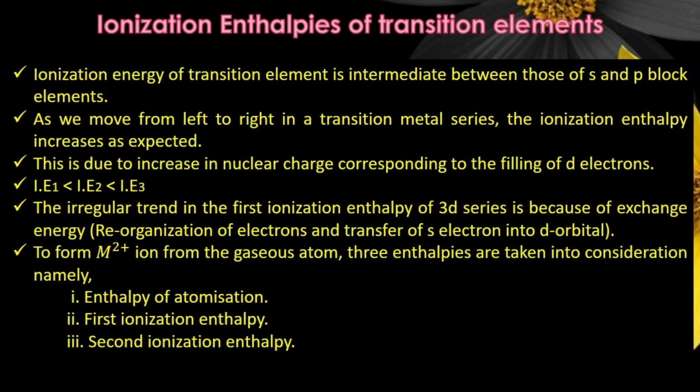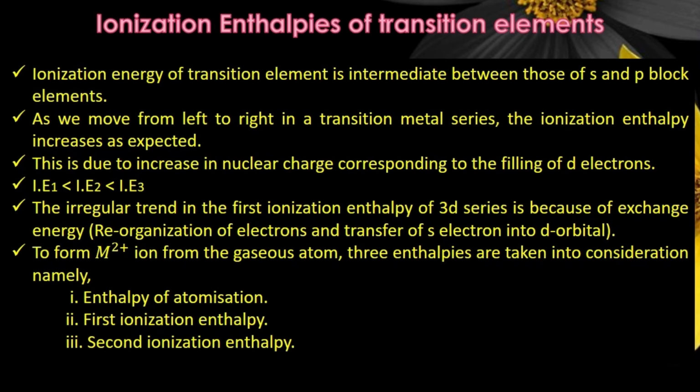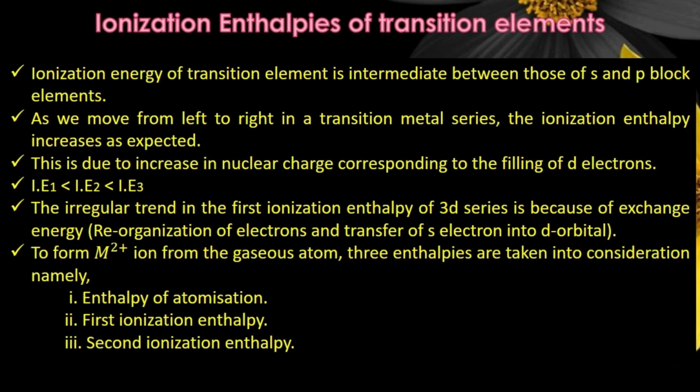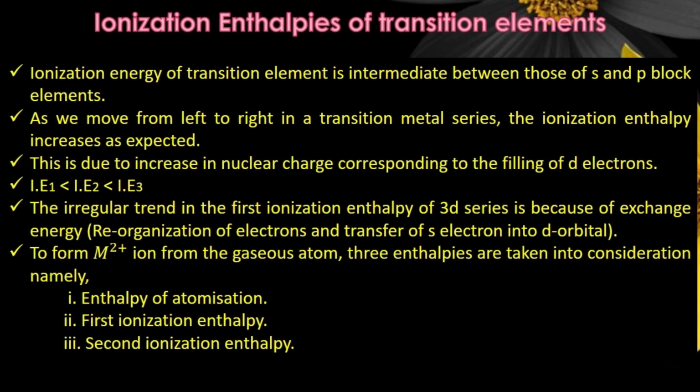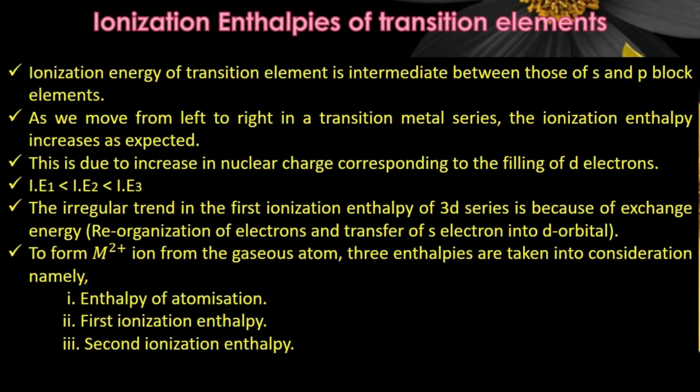Next, we will see the enthalpies that are considered to form metal 2+ ions from the gaseous atom. The first enthalpy that we will consider is the enthalpy of atomization.